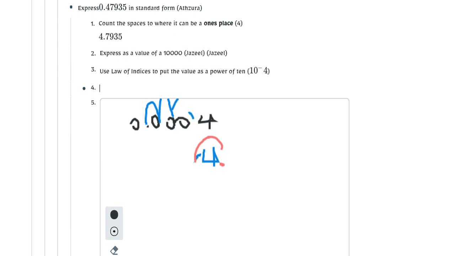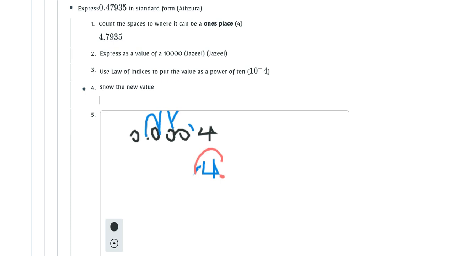Show the new value multiplied by this left when you remove it. Alright, show the new value. Now tell me the new value. What would you have now? You would have the original 4.7935, but what would you multiply that by? 10,000, since there's 4 spaces, sir.